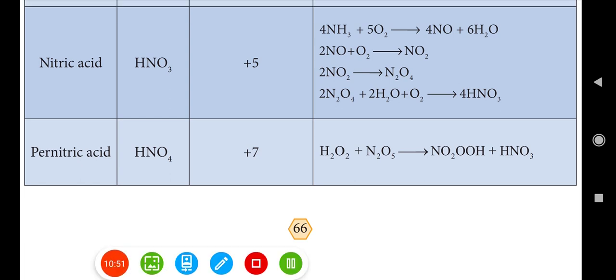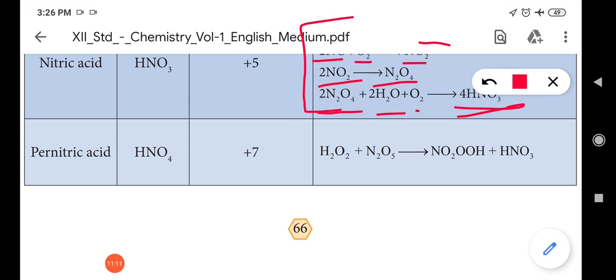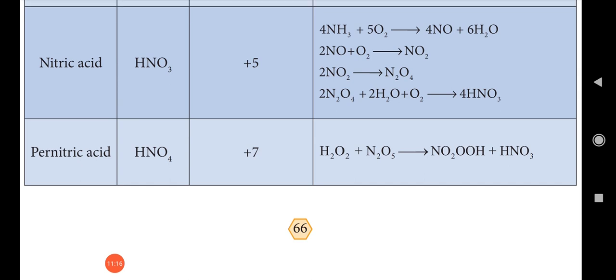In step 1 it will form NO, then NO reacts with oxygen to form NO2, then NO2 will form N2O4, nitrogen tetraoxide, then N2O4 plus H2O plus O2 will form HNO3. There are 4 steps in the formation of nitric acid from NH3 and oxygen.